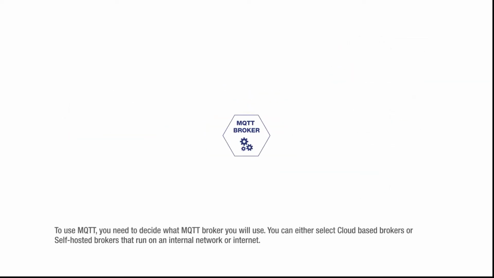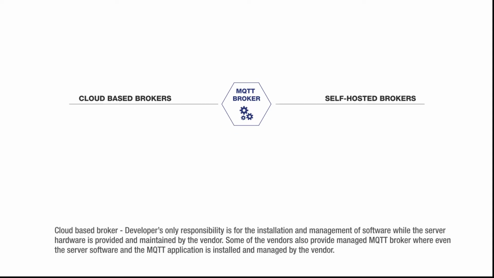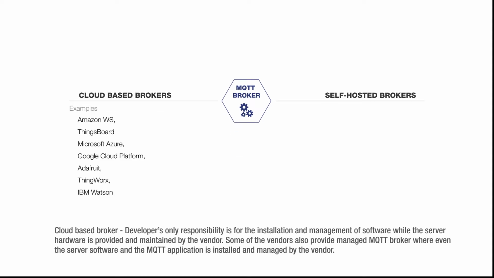To use MQTT, you need to decide what MQTT broker you will use. You can either select cloud-based brokers or self-hosted brokers that run on an internal network or internet. Cloud-based broker: developers' only responsibility is the installation and management of software, while the server hardware is provided and maintained by the vendor.